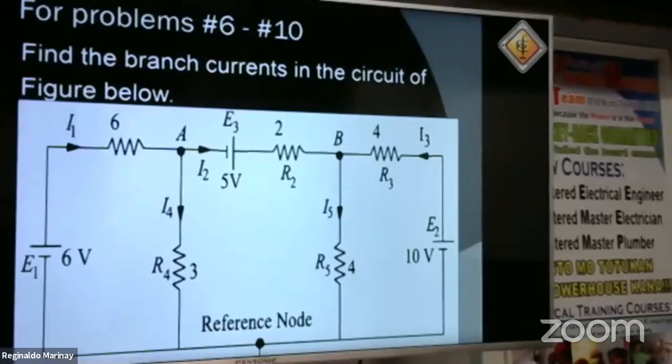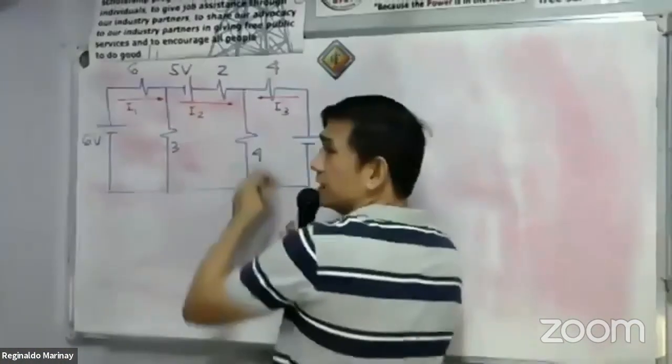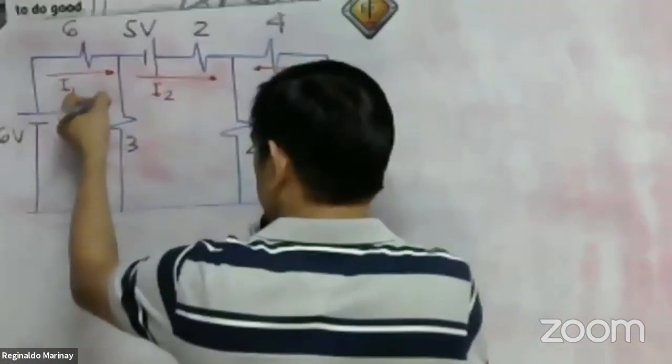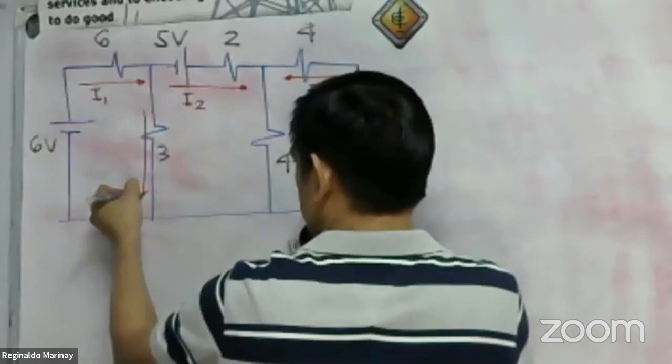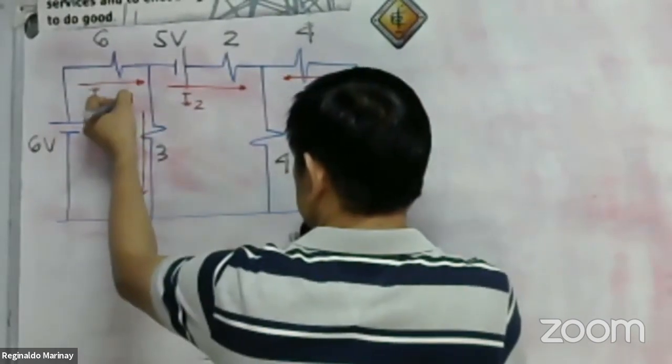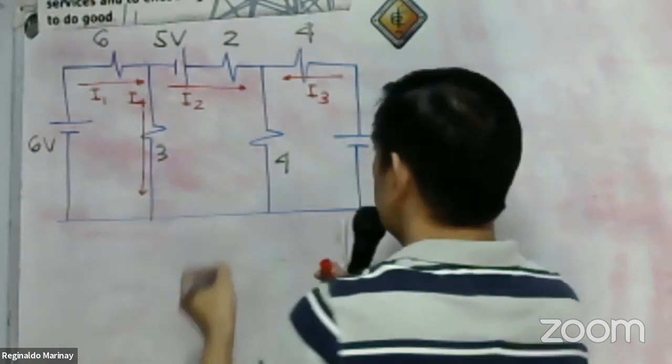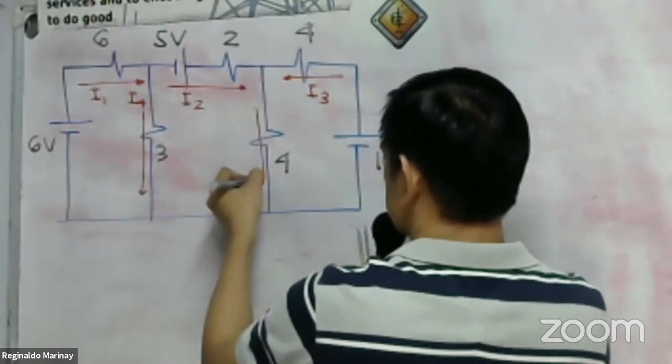So we have I1, I2, I3. There is I4, I4 is going down here. This is I4. Then we have our I5.